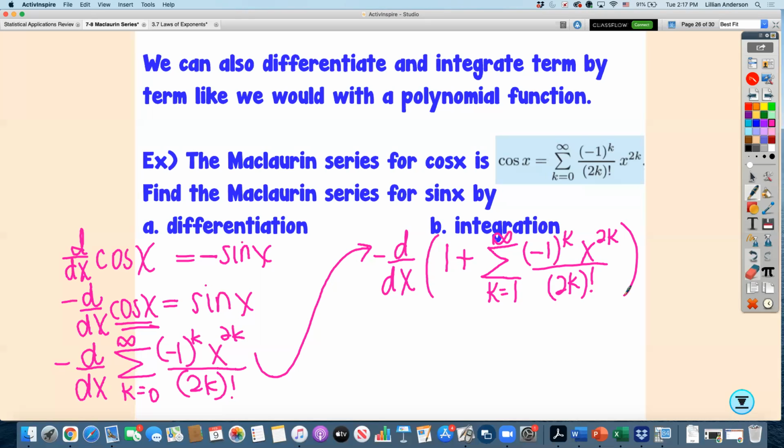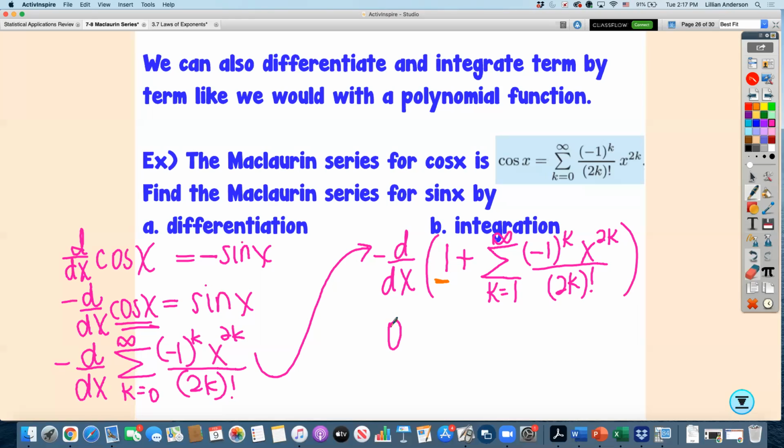Well, first off, at this point, we are going to take the derivative of each term. The derivative of a constant, which is the 1 here, is what? 0, okay?